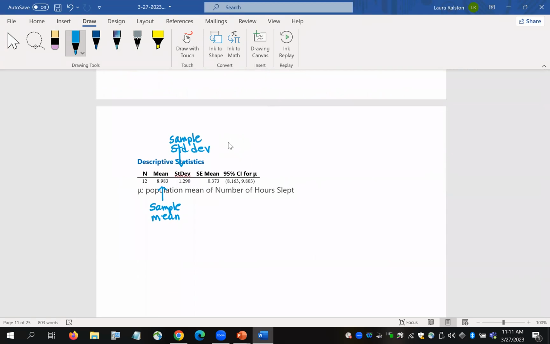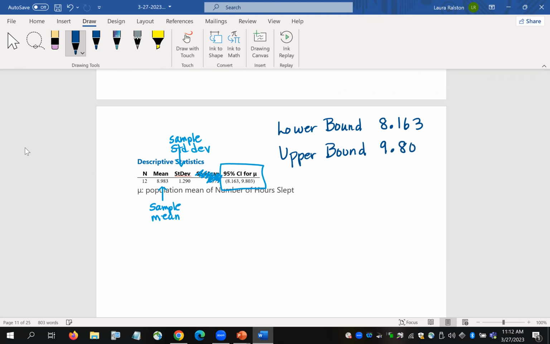Remember, we don't need the SE mean, but my confidence interval is given here. And again, I can clearly identify my lower bound, which is the first number in the parentheses, which would be 8.163. The upper bound is 9.803.